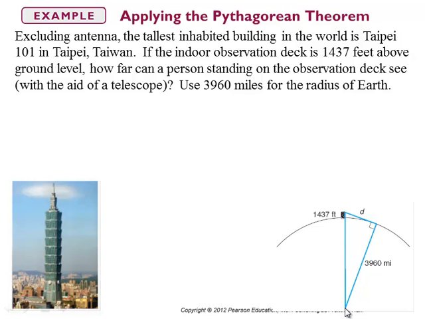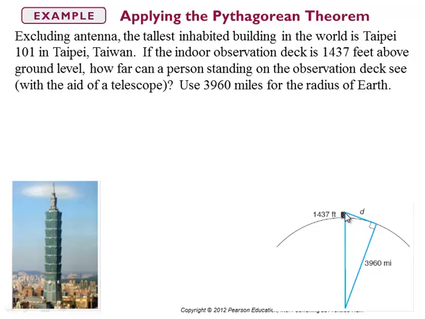So put this vertex right here of the triangle at the center of our Earth, and we have one leg of the right triangle going up to that point on the horizon where you cannot see beyond. And then take a right angle and you're up at where you are on the observation deck of the right triangle.